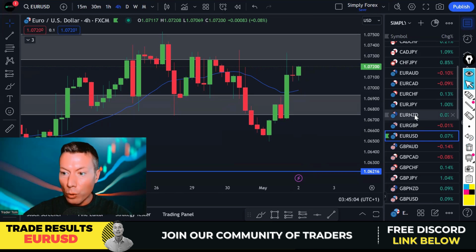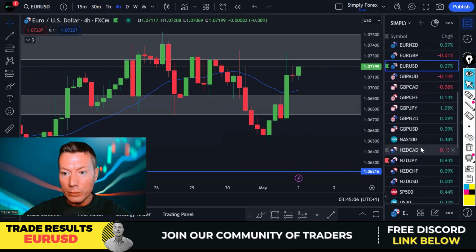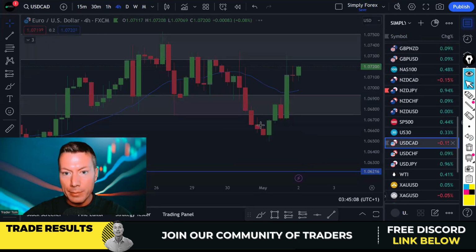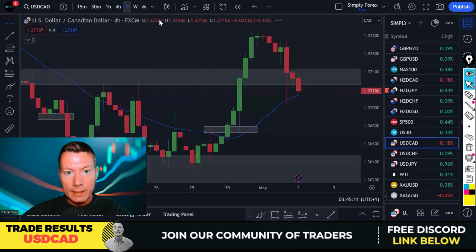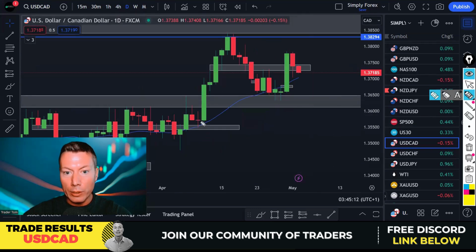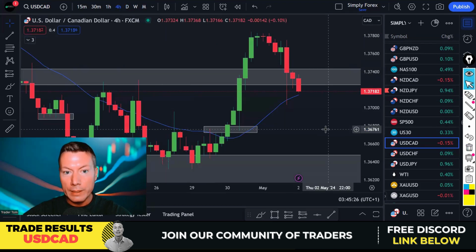And it's the same for all of the US dollar pairs. We can go through them quickly, but US dollar, Canadian dollar, day chart, we were looking to buy this pair. All right, we're in an uptrend, higher lows, higher highs, and we were just trying to take price higher. Okay, but again, the market was just waiting for news.